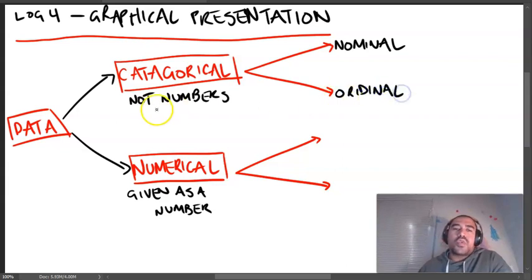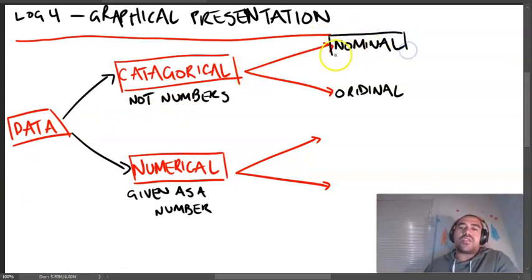So we have categorical data, some type of data that's provided from a survey: what is your favorite this or that? Nominal just means random categories. And this isn't going to make sense until we understand what ordinal means, but nominal just kind of means random.